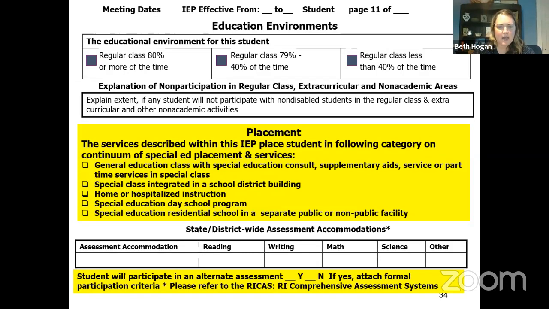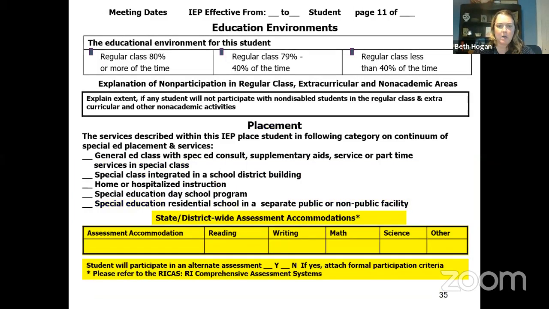And then down at the bottom, we see state and district-wide assessment accommodations. This is for assessments that all students take. This isn't just for a student with an IEP. So this would be, we call them RICAS now. I've been through a lot of different state assessments.